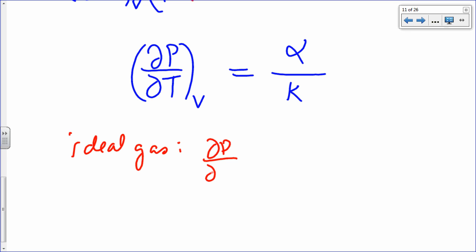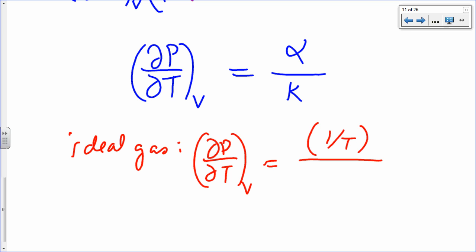Partial of P with respect to T at constant volume equals, what's alpha for an ideal gas? 1 over T, and kappa is 1 over P. So this is equal to P over T.